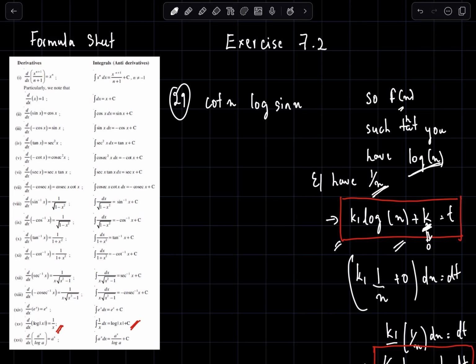So let's see if this fits. So this is the integral dx, right? I think this is not. This is more of trigonometry. So I will skip this question for now because a separate video will deal with trigonometry.